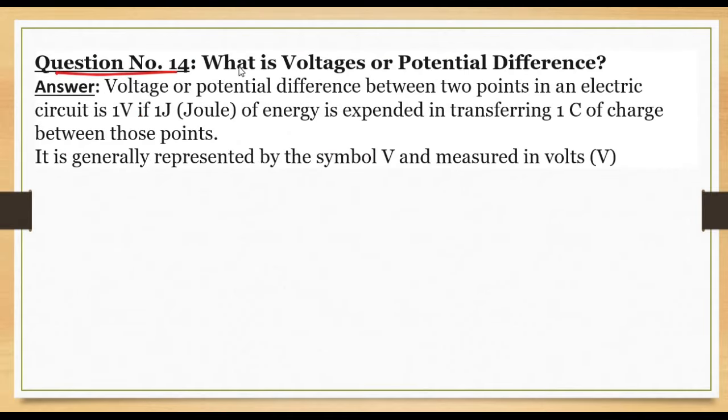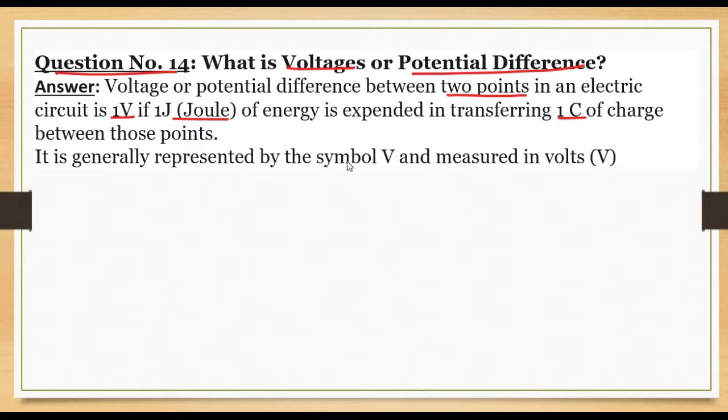Question number 14 is, what is voltage or potential difference? The voltage or potential difference between 2 points in an electric circuit will be 1 volt if 1 joule of energy is expended in transferring 1 coulomb of charge between those 2 points.